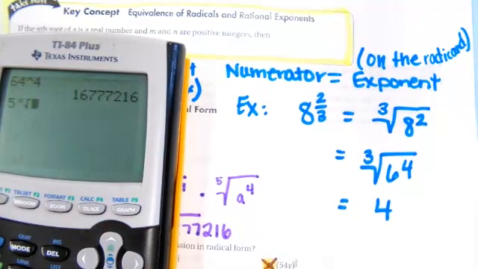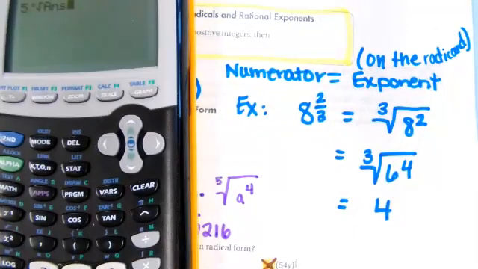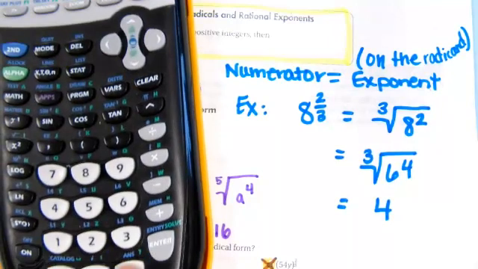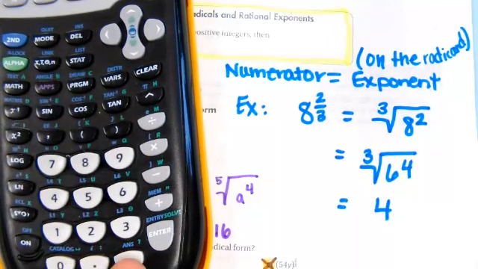And I'm going to cheat and press second and then the negative sign. What do you think ANS means? Answer. It means the last answer I had, so I don't have to type it in. See how it says ANS over your negative sign down here? If you don't want to type the last answer you put in, you can press second that.